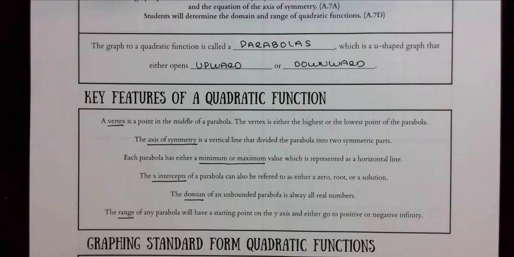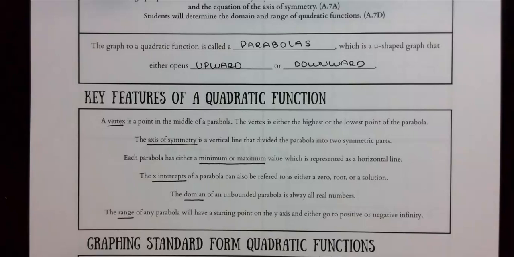So I know I gave you a lot of information, but just keep in mind that these are the vocabulary words that we're going to use with our graph. So we're doing two things. We are graphing quadratic functions, and then from there, we are identifying all these key pieces for each one of those individual graphs.